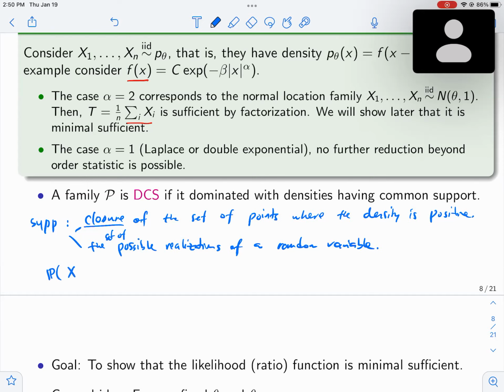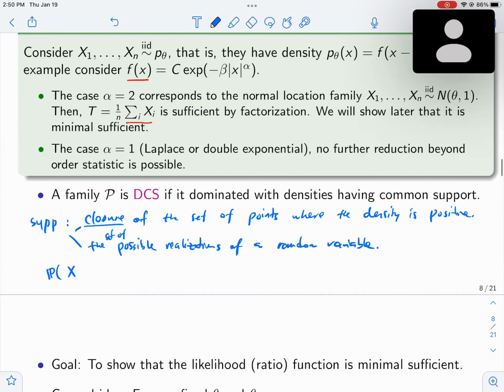If you have a random variable and you can find an event A such that the probability of belonging to the event is 1, sometimes people say that X is concentrated on A. The smallest such event is the support of the distribution. I can't squeeze it further. It's the smallest closed set A such that that happens.